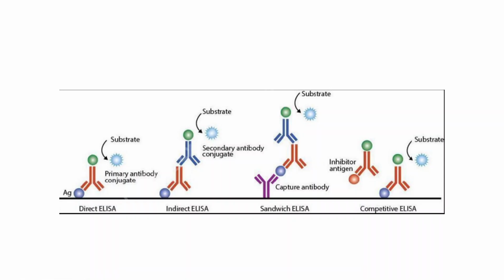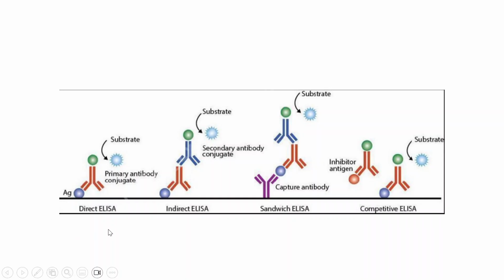We can check if there is signal. We can say that okay, the antibody is binding to this antigen, that means this antibody is reacting, or whatever we want to check. If we want to check whether the antigen is reacting to the antibody or whether the antibody is reacting to the antigen, that depends on your experiment.